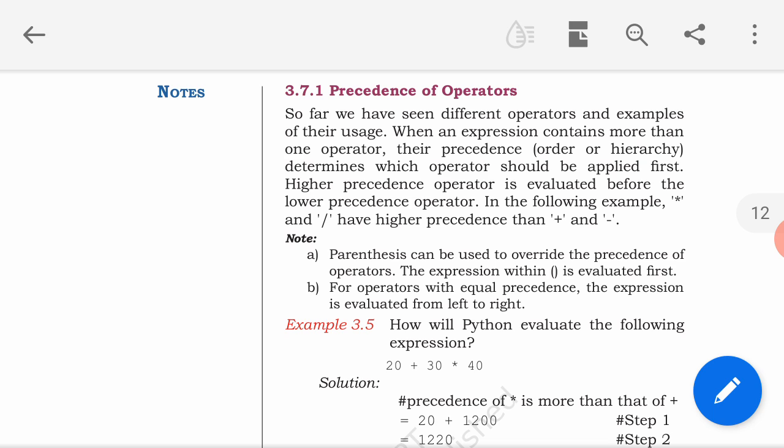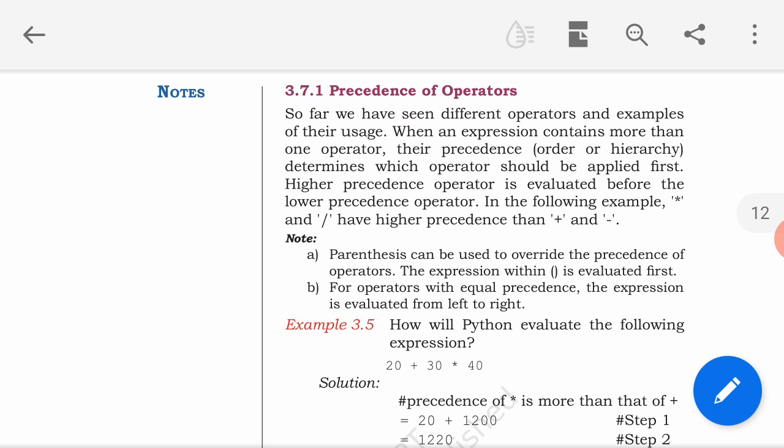Next is precedence of operators. As you have studied the BODMAS rule in mathematics, there is also a precedence of operators. Similarly, precedence of operators is used in Python expressions also.